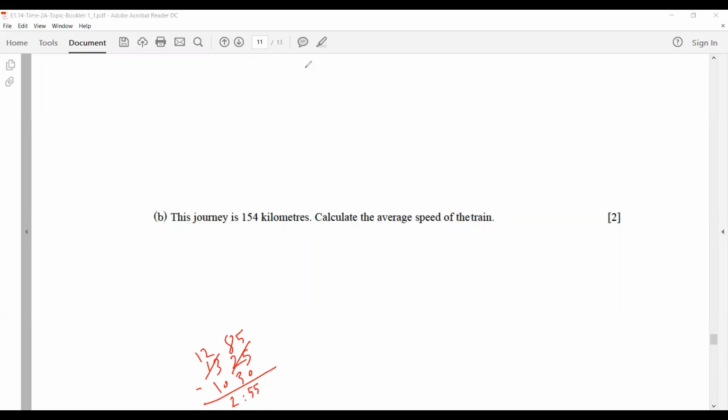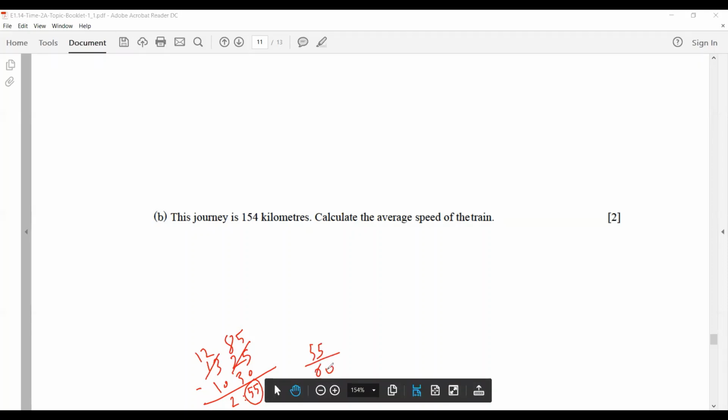So I'm gonna convert this. What you can do, you can convert this 55 minutes to hour as well, so we can find the final speed in terms of kilometer per hour. So right now we have 2 hours, 55 minutes, and you know what to do. You can divide 55 by 60, and that gives you basically the time in hours, right? So 2 hours, 55 minutes.